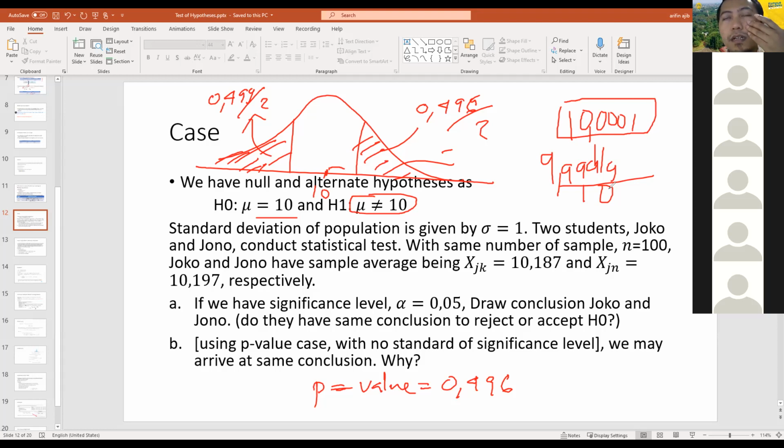Benar. Sebentar. Tadi nilai Z-nya itu 0,01.